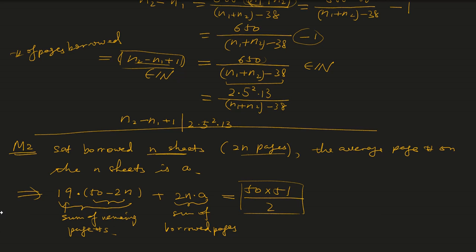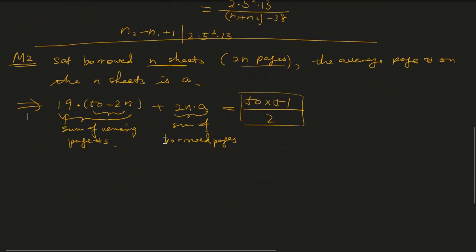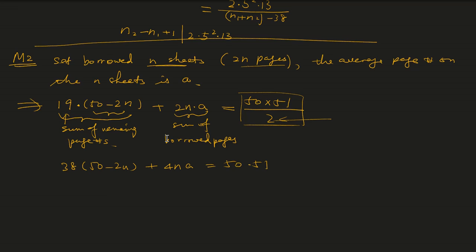Now let's collect the terms. Let's scroll down a little bit more. Good. Let's first remove this fraction by multiplying 2 on both sides. So we have 38 times 50 minus 2n plus 4na equals 50 times 51, right?